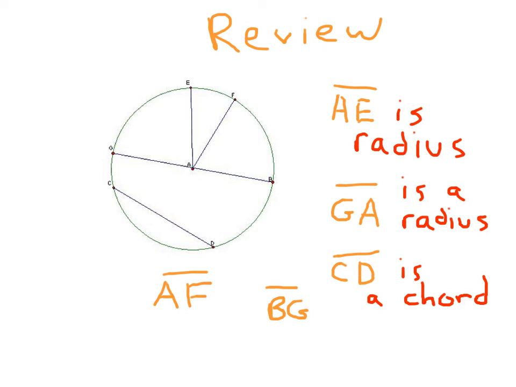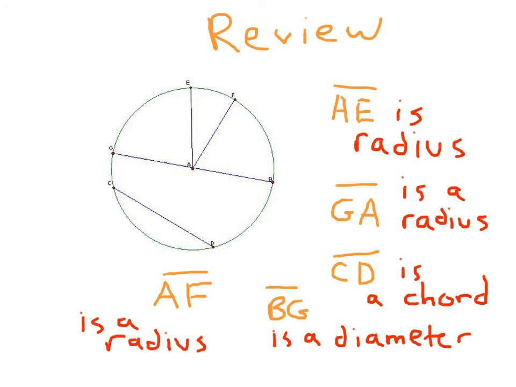Line segment BG, we could have also called that line segment GB, is a diameter. What's the relationship between a radius and a diameter? Did you say a radius is half the length of the diameter? Or did you say that the diameter is twice the length of a radius?